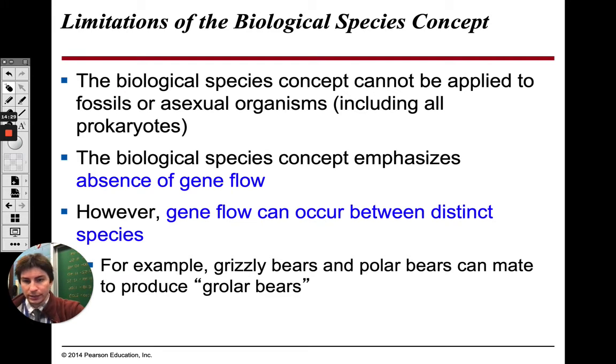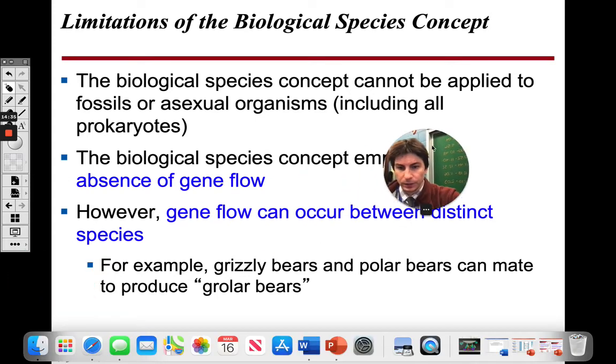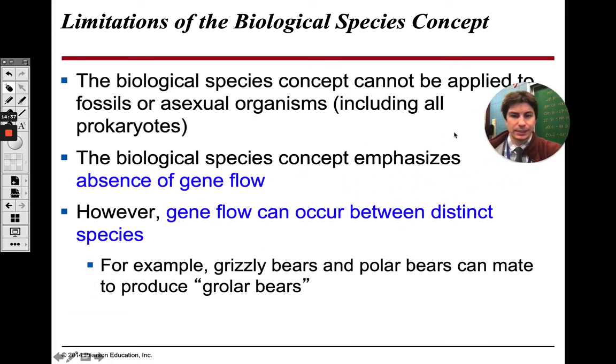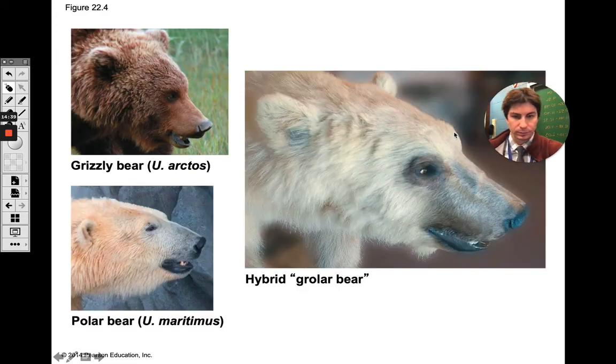So we want speciation to happen. If there's no gene flow, there's a good chance speciation could occur. An example of this is grizzly bears and polar bears. When they mate together, they can actually form a hybrid called the roller bear. Kind of strange looking thing, right?